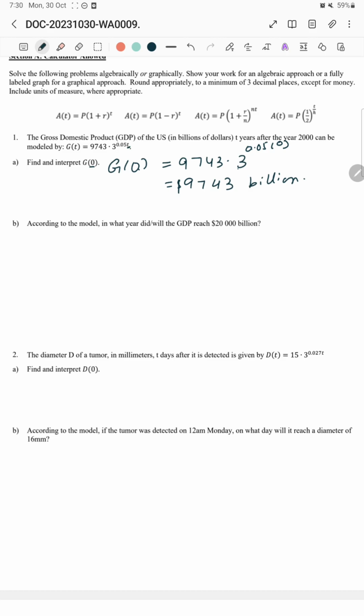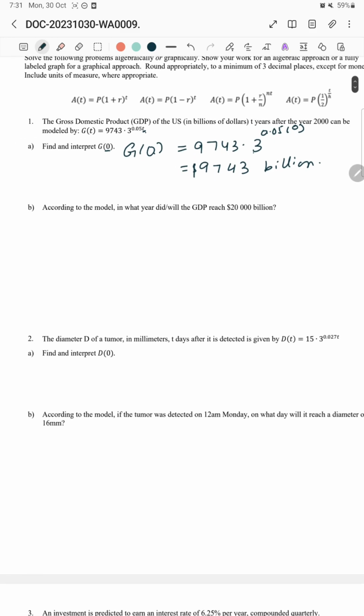According to the model, in what year will the GDP reach $20,000 billion? G of t is equal to 20,000 billion. In what year? Which year will it happen?